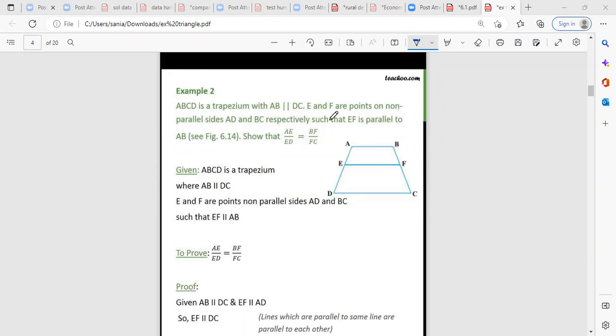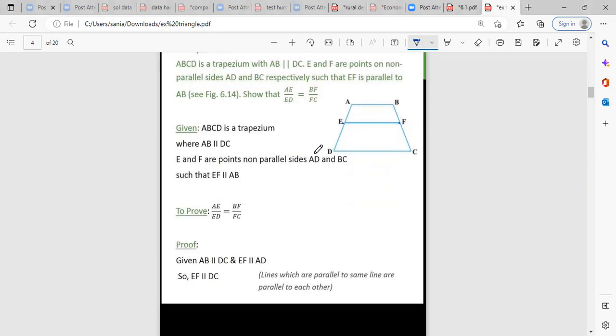So E and F are points on the non-parallel sides AD and BC respectively, such that EF is also parallel to AB. You have to show that AE divided by ED is equal to BF divided by FC.